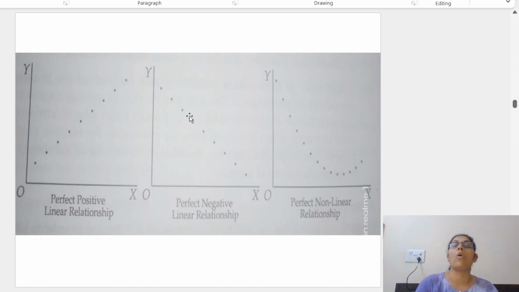If all the observations go from left to right downward on a line, there is a perfect negative linear relationship. And if you observe the third one, the values go downward and then upward, so it should be a non-linear relationship.